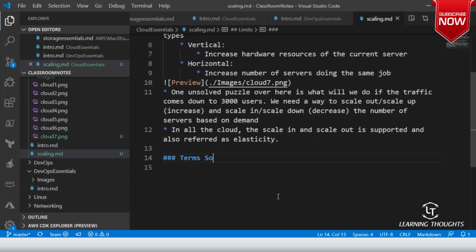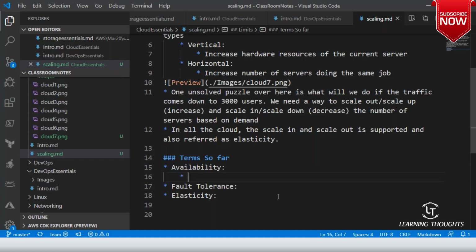So I'll define three key terms which we have understood so far. One is availability. Fault tolerance. And the third one is elasticity. What is availability?